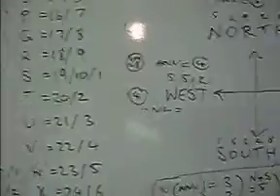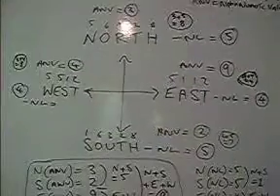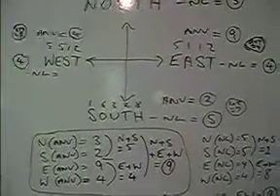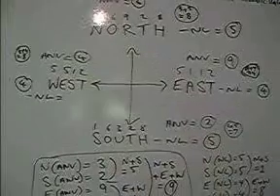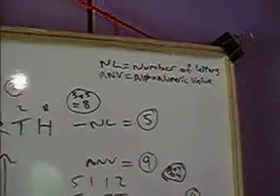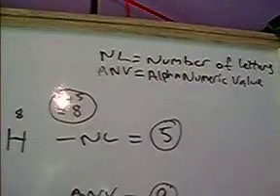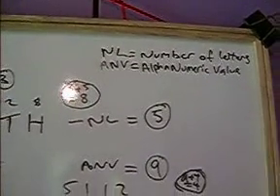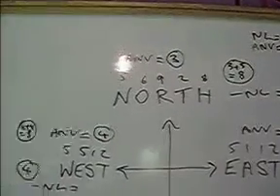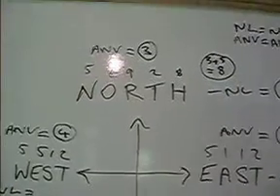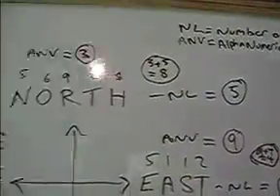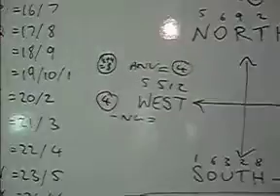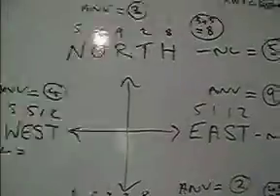Alright, now I've chosen north, east, south, west, the 4 directions, and I've got here number of letters, NL, and AV, meaning alphanumeric value. So you can see here for north the number of letters is 5, south 5, east 4, west 4.